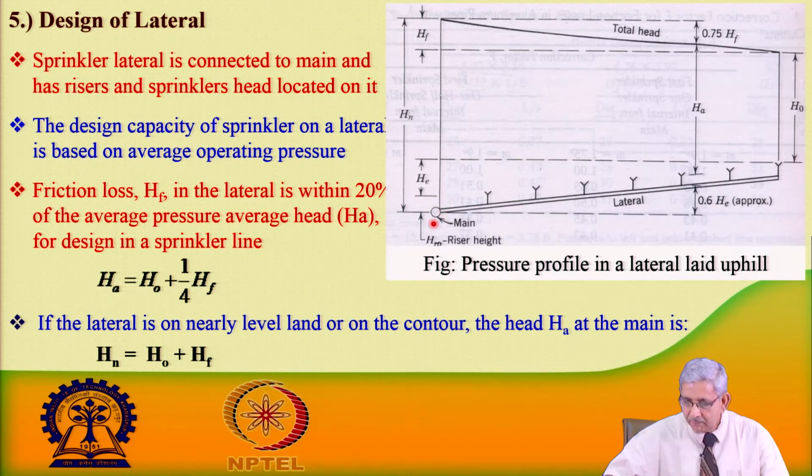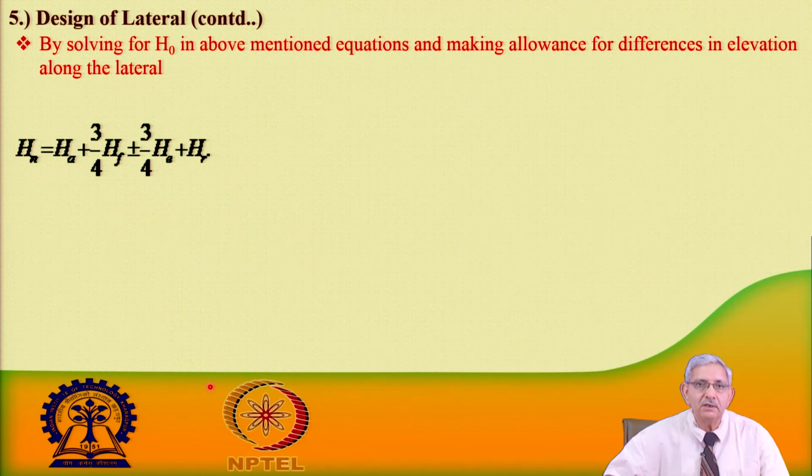It will be the pressure required at the last sprinkler plus the head loss due to friction. So, the H A, the average pressure at the end, will be given by H naught plus H f.